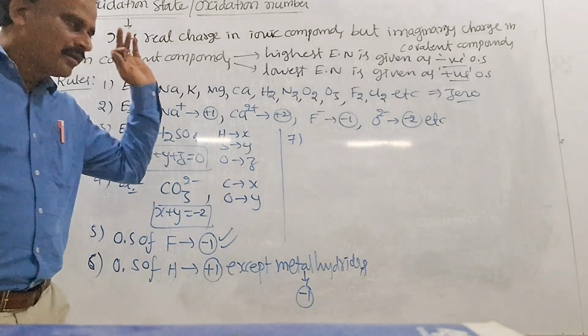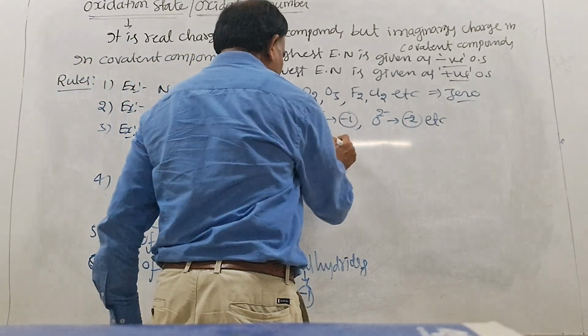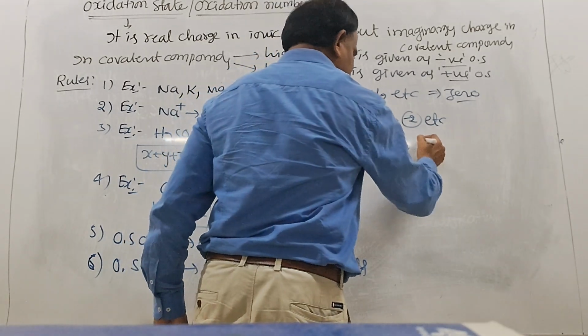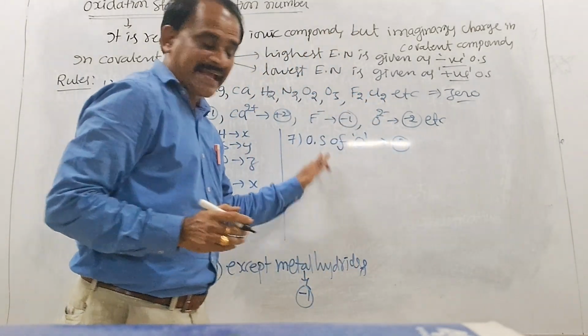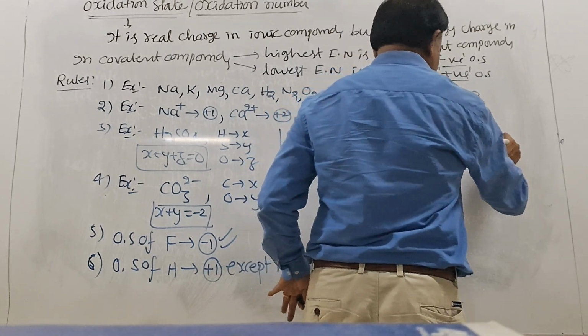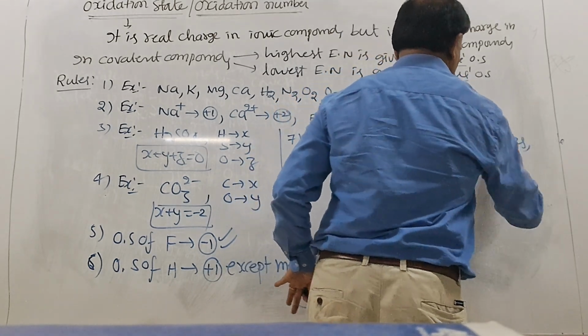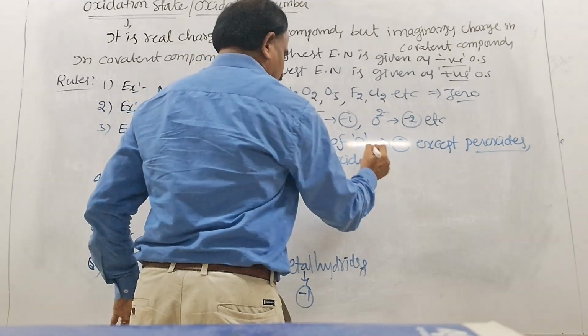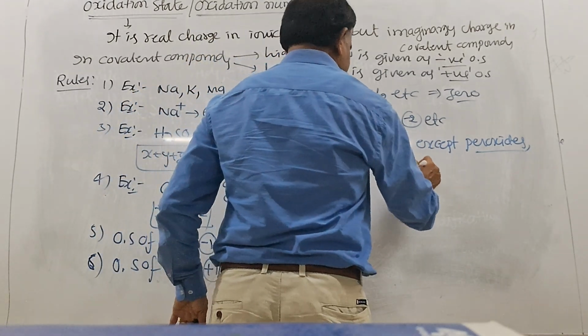Rule number 7 here. Oxidation state of oxygen exhibits -2 in its compounds except peroxides, superoxides and fluorides.